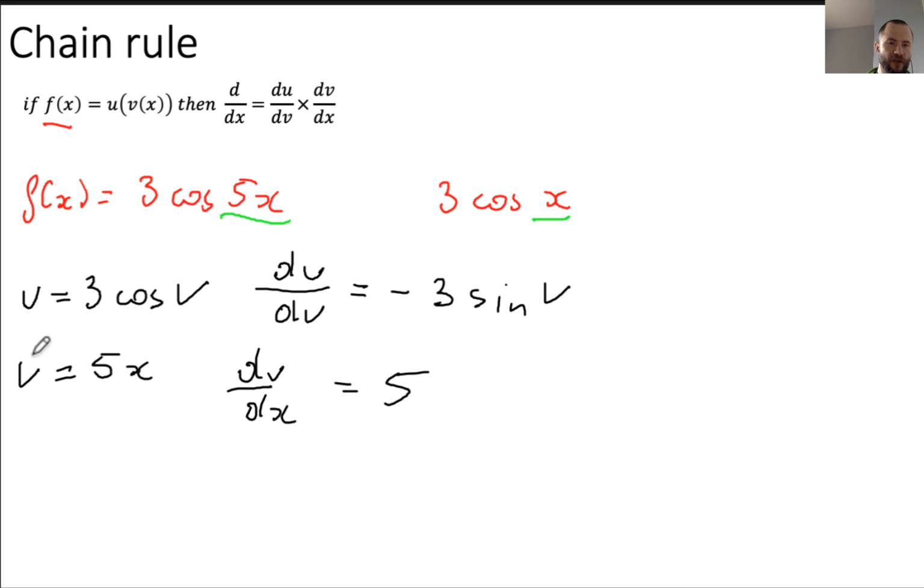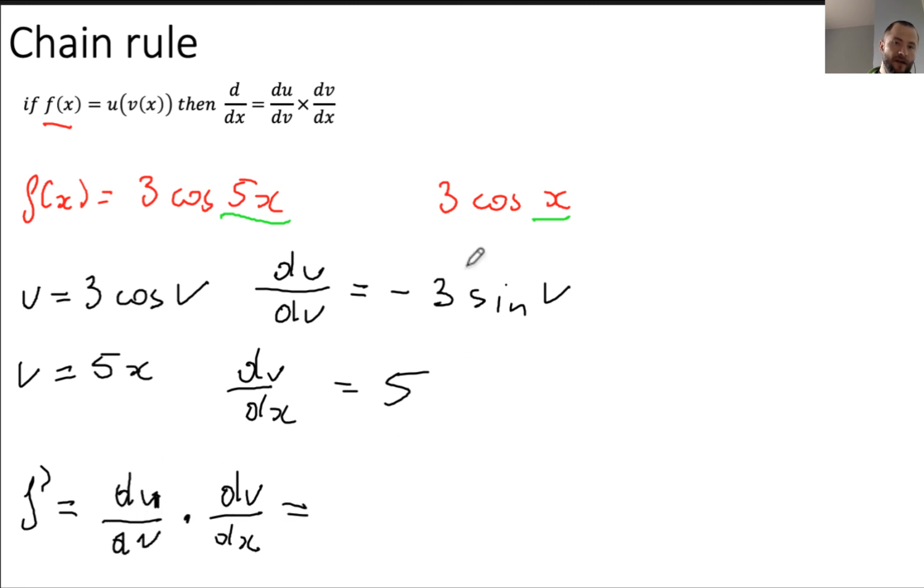So using the chain rule, f prime equals du dv multiplied by dv dx, the derivative of the outer one multiplied by the derivative of the inner one.